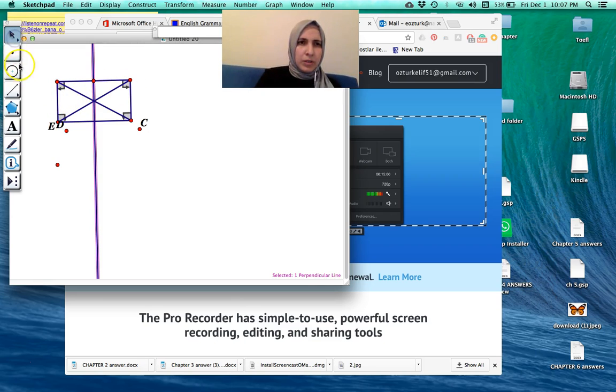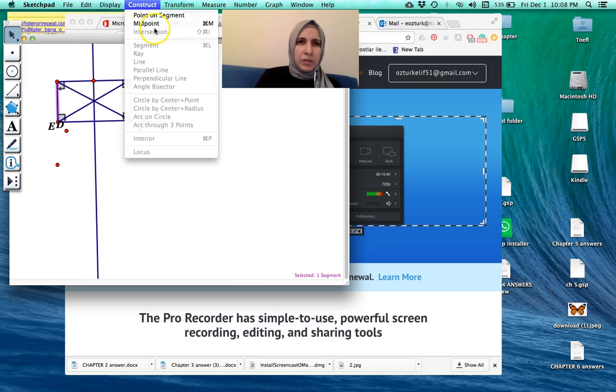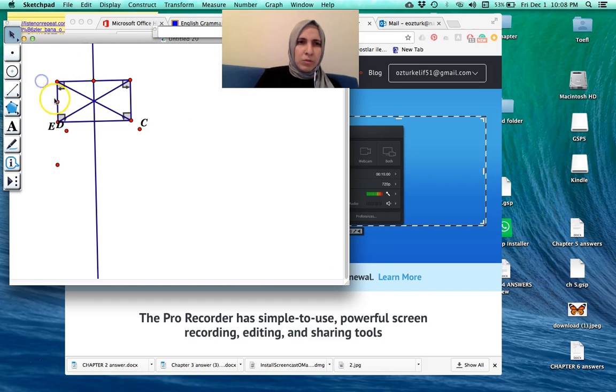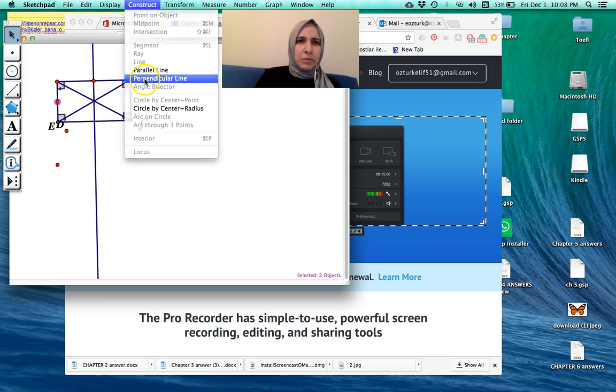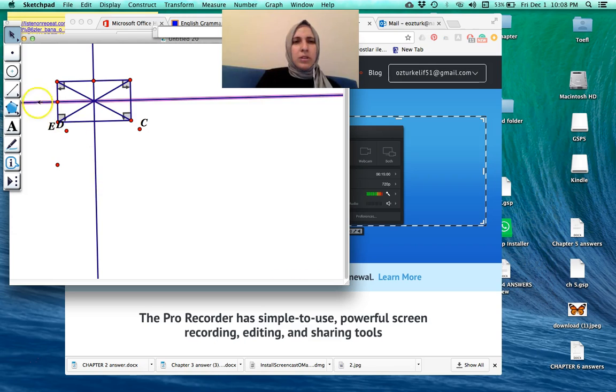And also I need this one to find the midpoint, and also pick this one and this one, and where is the perpendicular line? Yes, this is also a symmetry line of this rectangle. As you see, it's a rectangle and it has just two different lines of symmetry.